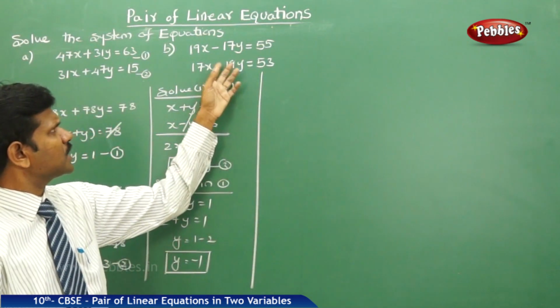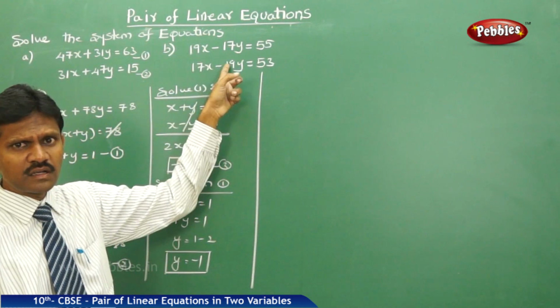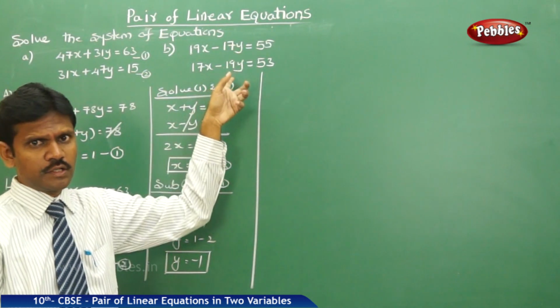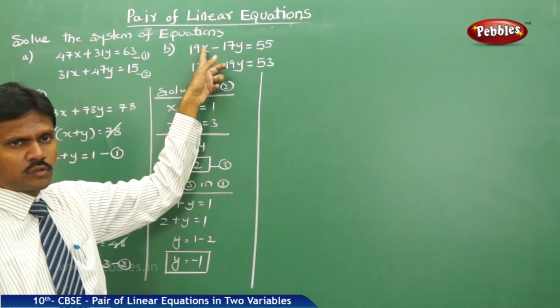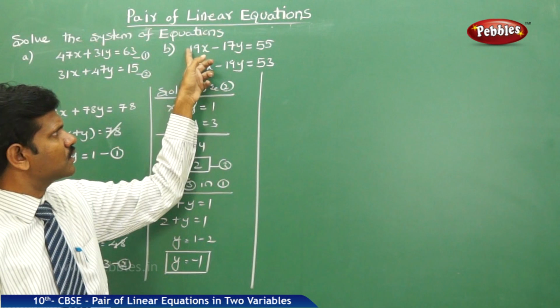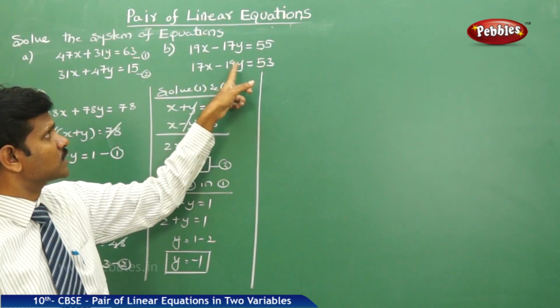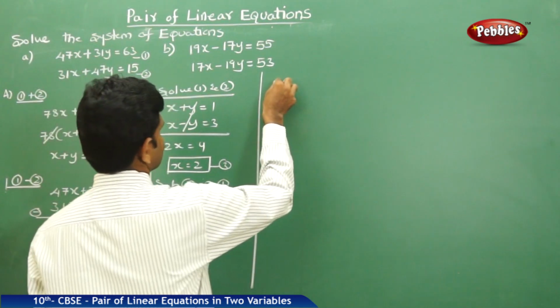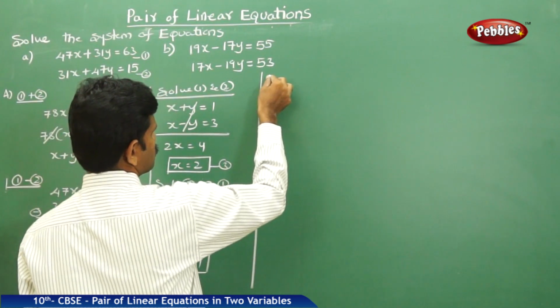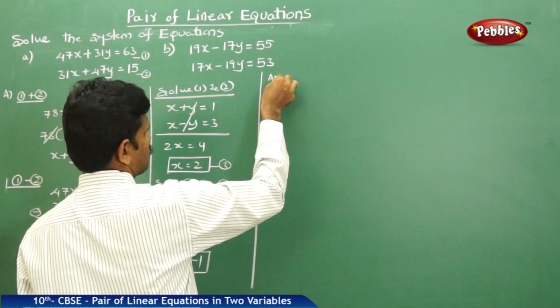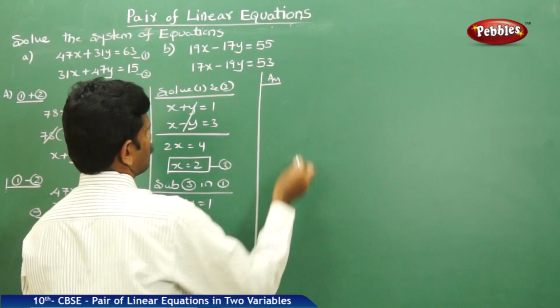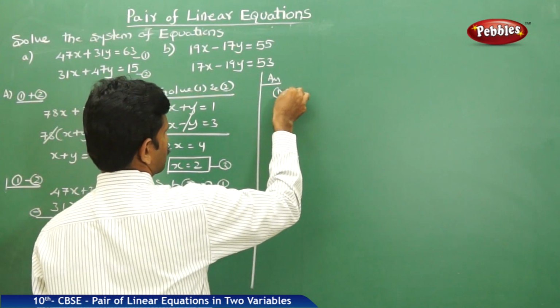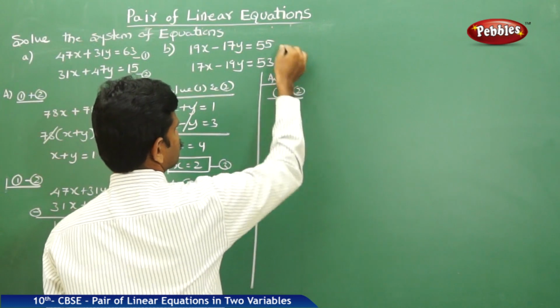In the second example also the coefficients of x and y are interchanged in equation 1 and 2. In equation 1 the coefficient of x is 19, and in the second equation the coefficient of y is 19. Okay, now let us see to solve equation 1 plus equation 2.